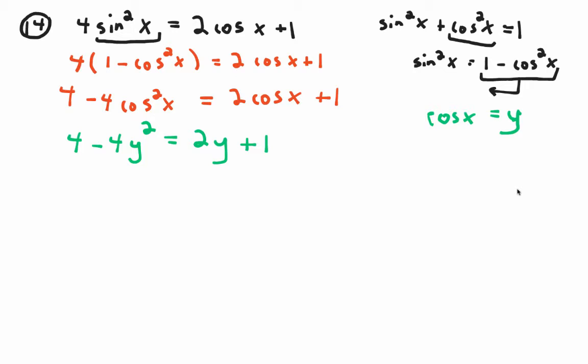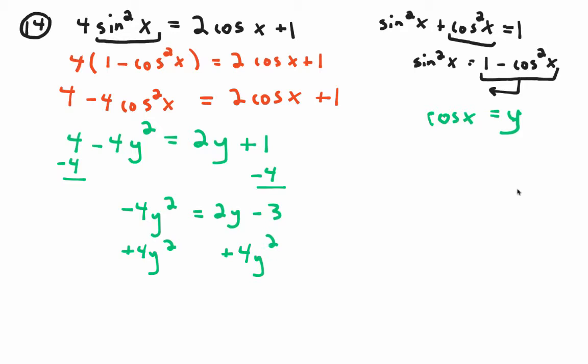So let's bring all this to the right. Let's do it in 2 steps. Minus 4 minus 4. So you have negative 4y squared equals 2y, I believe that's minus 3. Add 4y squared. And now we have 0 equals 4y squared plus 2y minus 3.